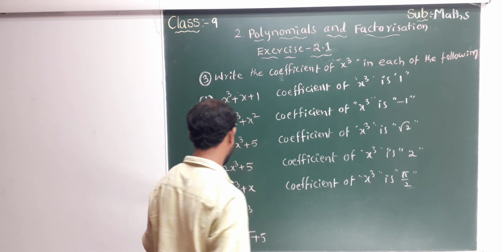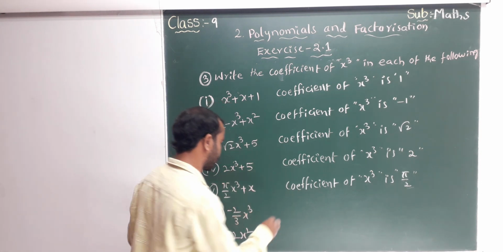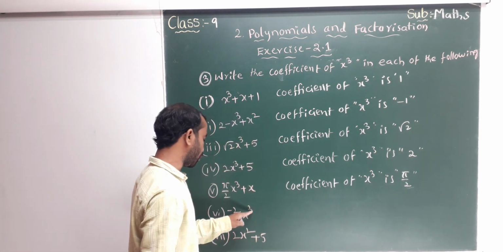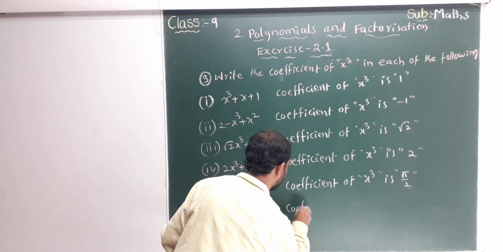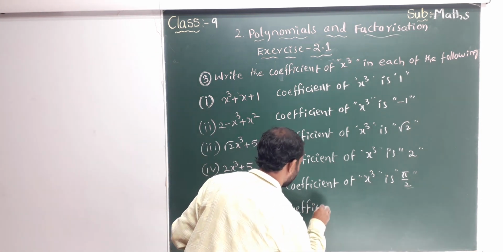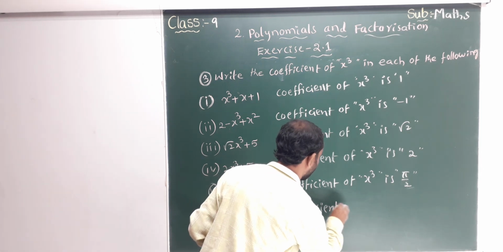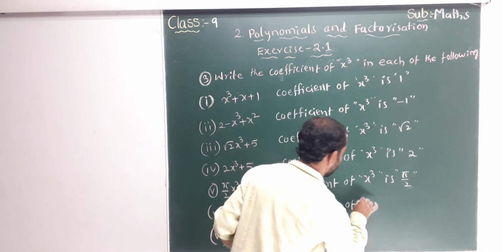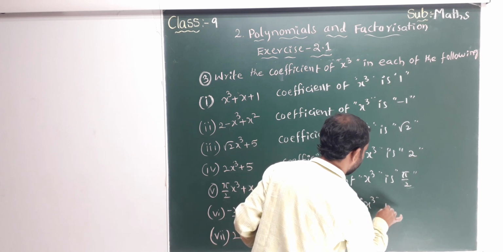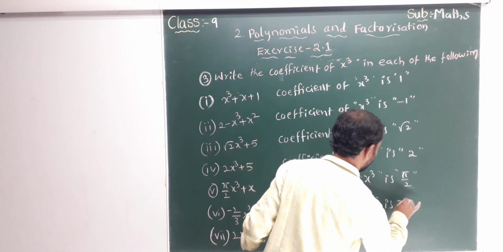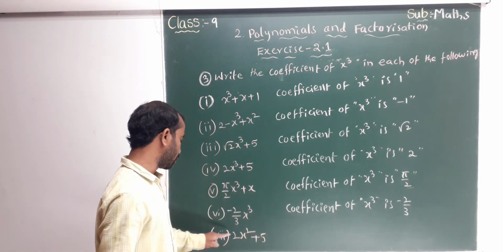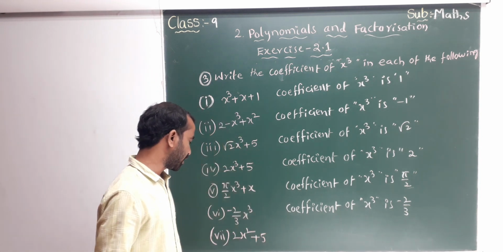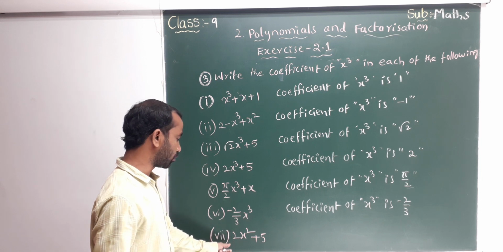Next, sixth one: minus 2 by 3 x cube. So the x cube coefficient is minus 2 by 3. Next, seventh one: 2x square plus 5. Here there is no x cube term.